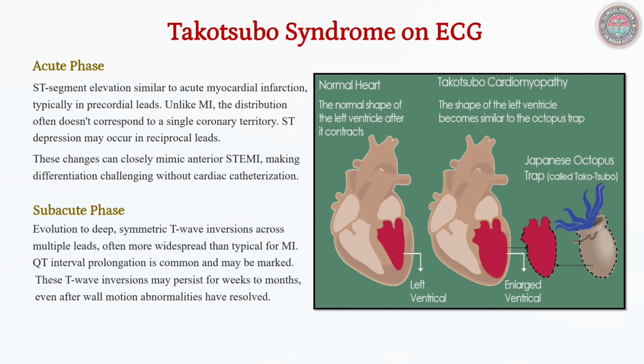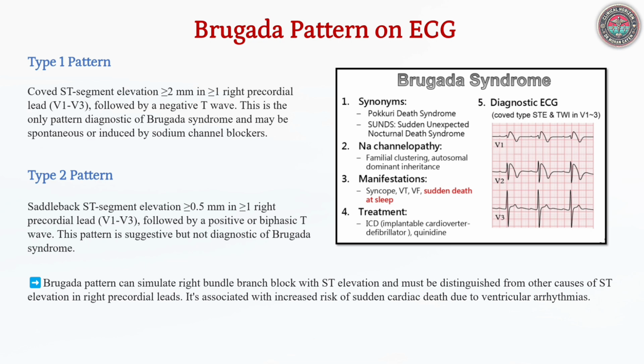Brugada pattern on ECG. Brugada syndrome is a genetic arrhythmogenic disorder associated with sudden cardiac death. The type 1 Brugada pattern, characterized by coved ST segment elevation greater than or equal to 2 mm in V1 to V3, followed by a negative T wave, is diagnostic and confers a high risk of ventricular fibrillation.